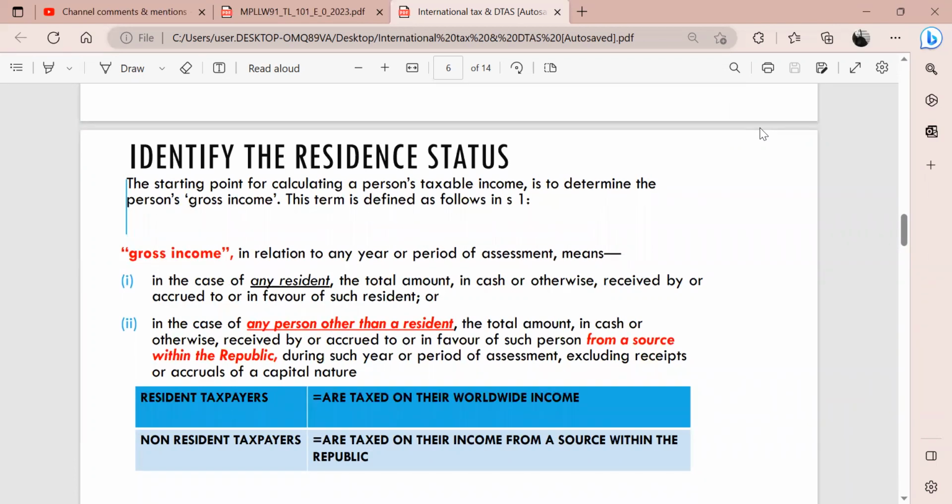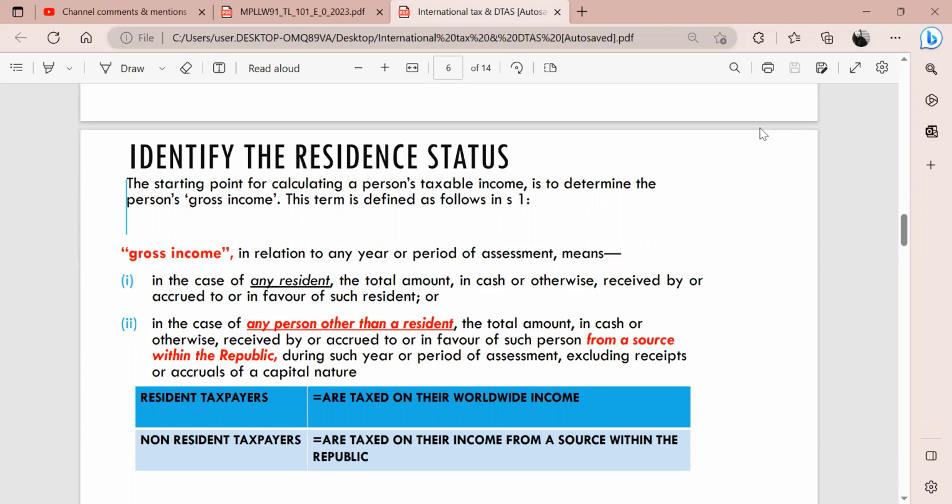Gross income in relation to any year or period of assessment means, in the case of any resident, the total amount in cash or otherwise received by or accrued to or in favor of such resident.